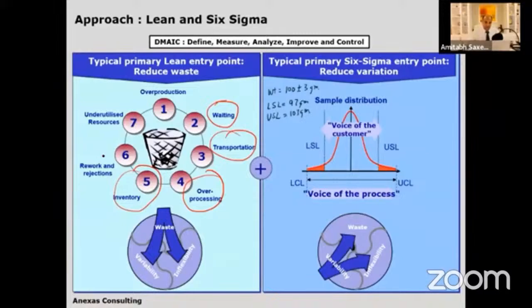That is a waste. Rework or rejections, I already talked about. Another waste is waste of intelligence, underutilized resources. If you hire a PhD person and give him a data entry job, that is a waste of his intelligence. And producing more than required is also a waste.